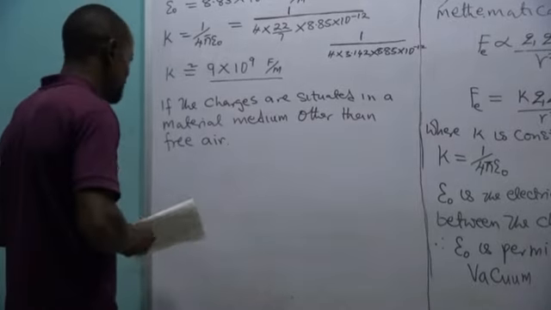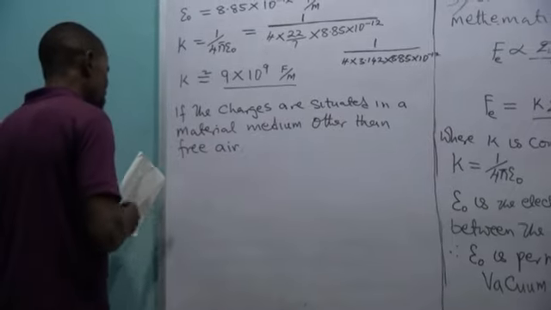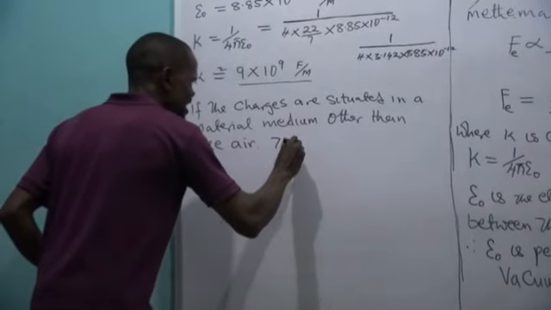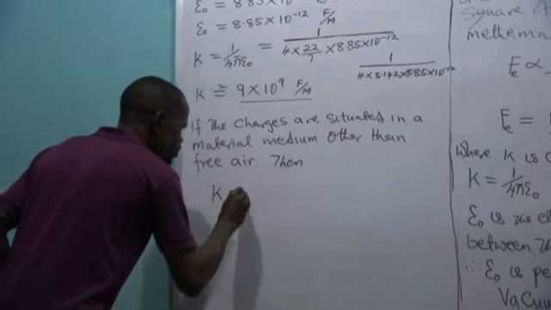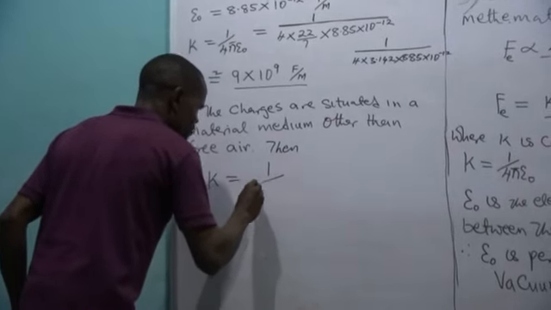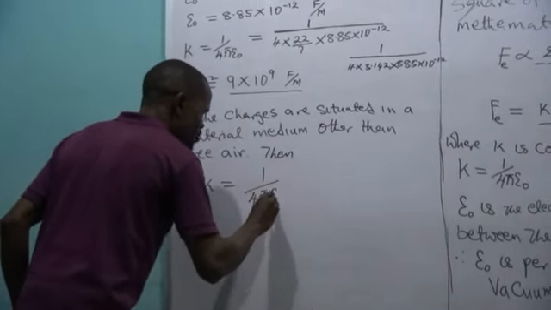So in that case, K will be equal to 1 all over 4 pi epsilon.